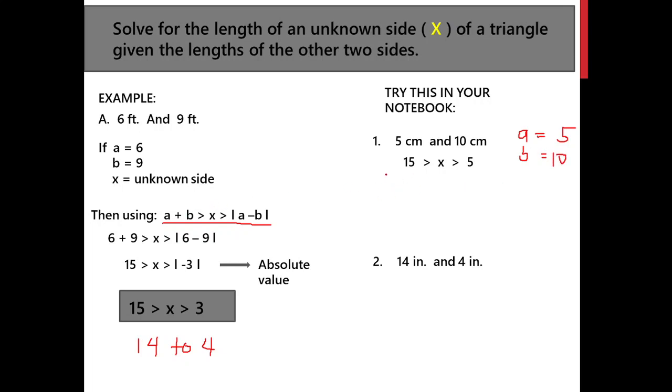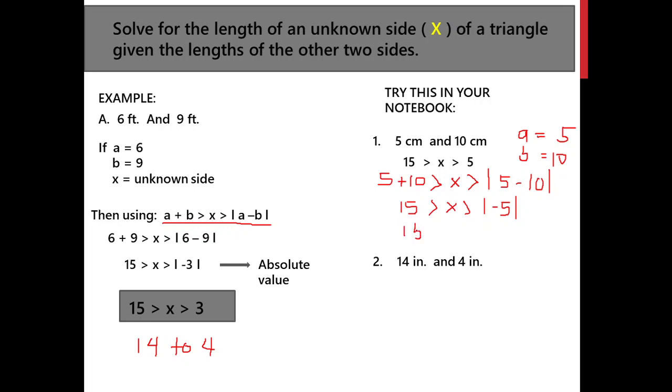So a plus b, so that would be 5 plus 10, greater than, so this will be our unknown, and our unknown is greater than the absolute value of a minus b, the absolute value of 5 minus 10. So simplifying this one, 5 plus 10, that is 15, greater than the third side, and our third side is greater than the absolute value of 5 minus 10, that is negative 5, and the absolute value of negative 5 is 5.